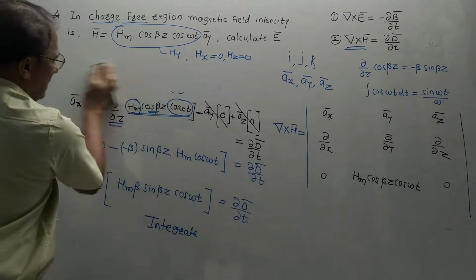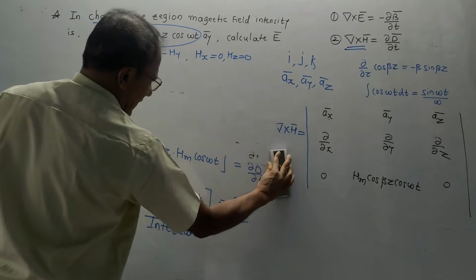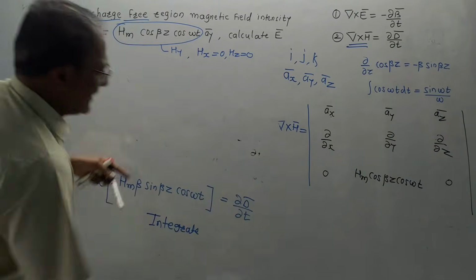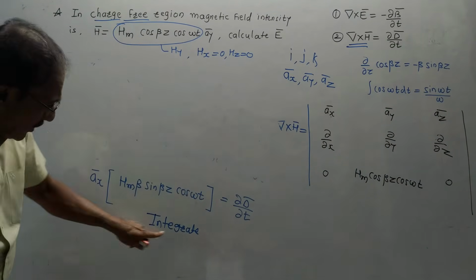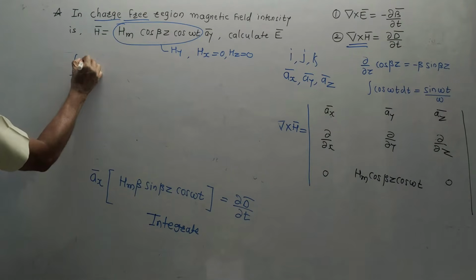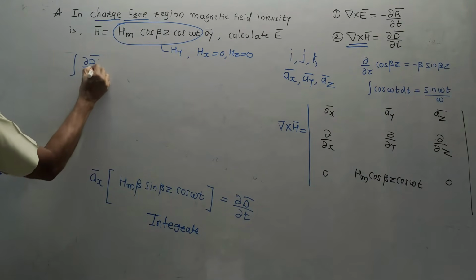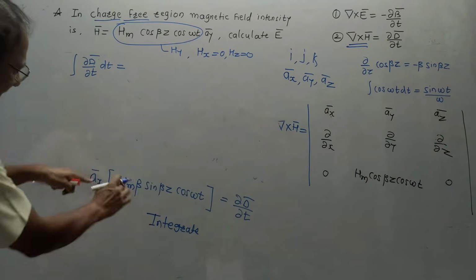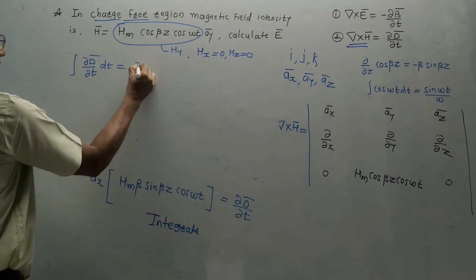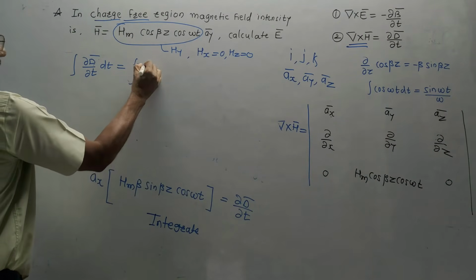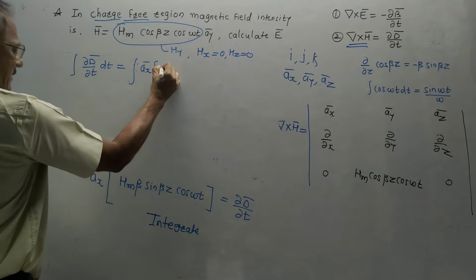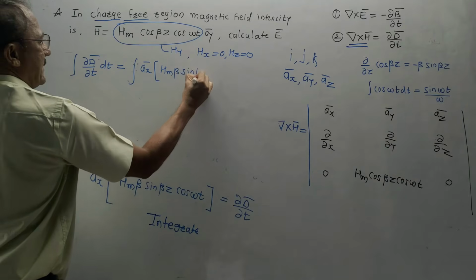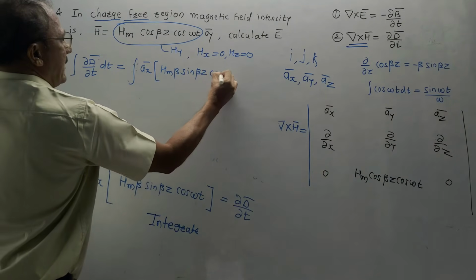For the simplicity, I will transfer this RHS term at the LHS. That means if I want to integrate it, I will write it like this: integration of d bar by d bar t with respect to dt. I have written this RHS term at the LHS, and this term I will write it as it is: integration of ax bar in the bracket hm beta sin beta z cos omega t.